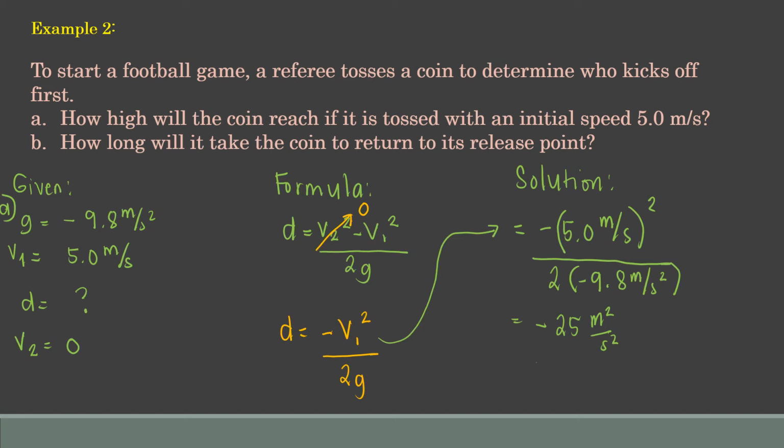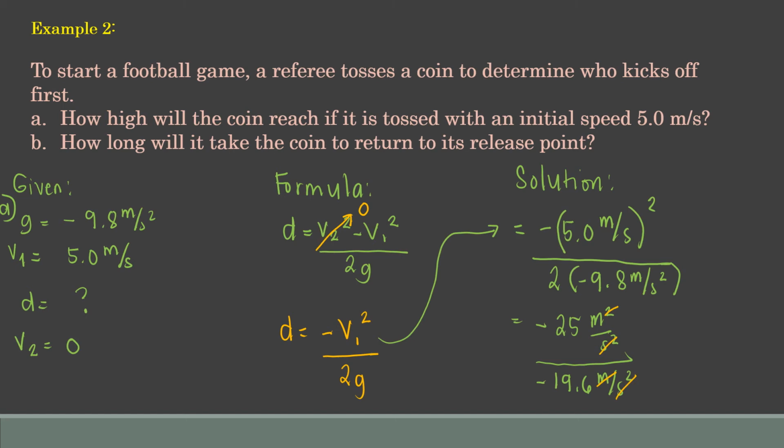And then you have 2 multiplied by negative 9.8, so you will have negative 19.6 meter per second square. Let's now cancel out the units. You have here meter square and per second square on both.